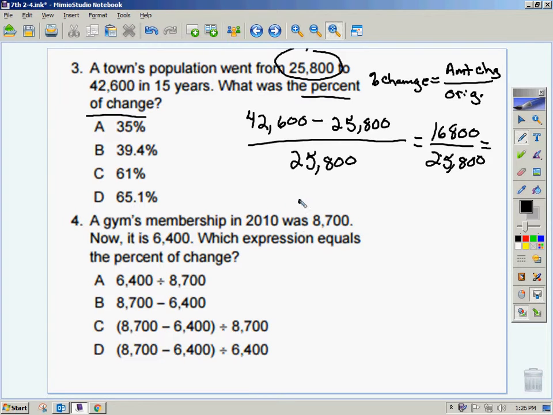When I divide that, it gives me 0.65116. And I'll get as far as I'm going to go. How many places do I move the decimal to change it back to a percent? 2. So this would be 65.1% rounded to the nearest tenth.